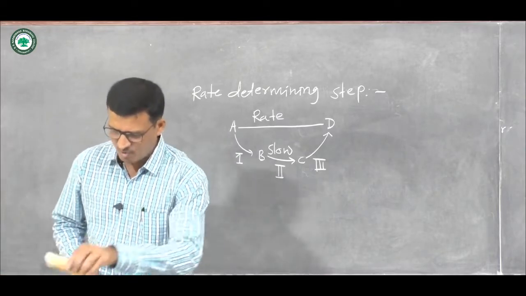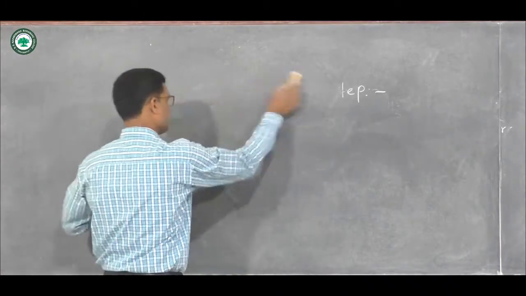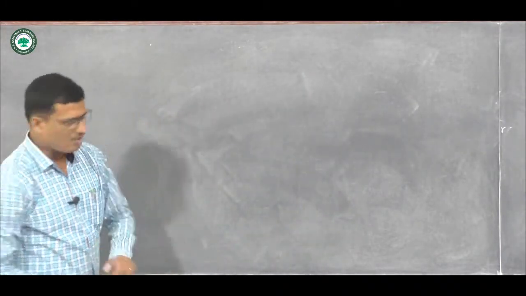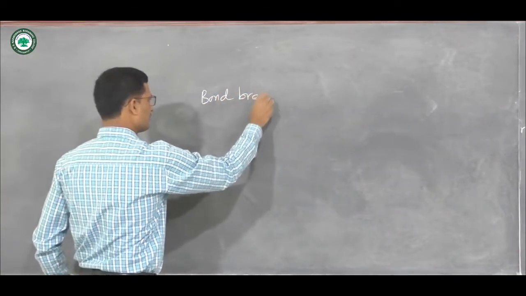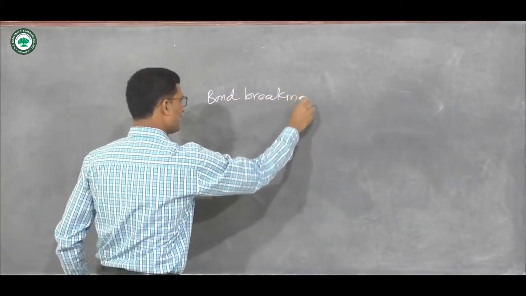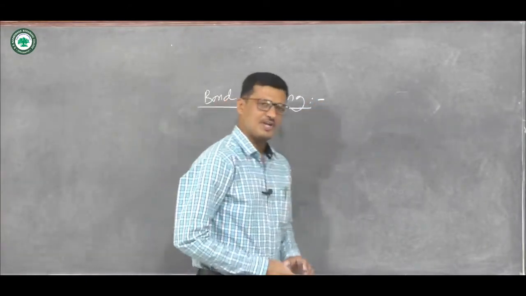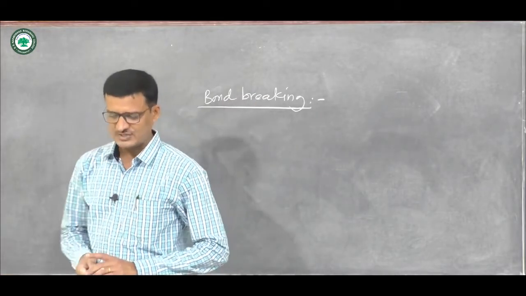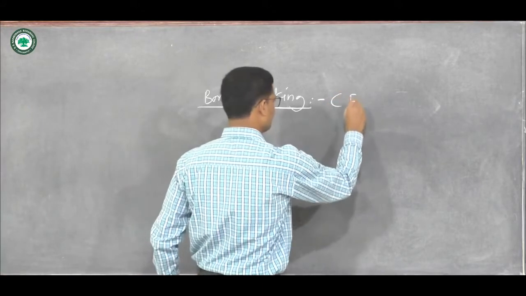Then what happens when a bond is broken, or bond breaking? We remember in organic reactions the bond is broken, we call it bond breaking. When we want to break a bond, we have to supply energy, and that's why bond breaking is an endothermic reaction.